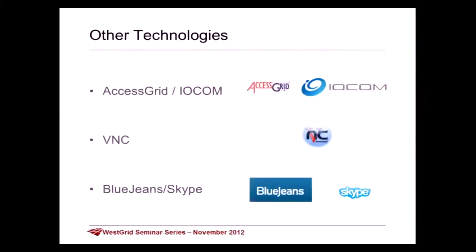So it's a very interesting service. Many universities already do support this, and specifically within BC, I believe every institution has this available for free to researchers. So if you are looking for connecting up with somebody specifically that needs Skype, BlueJeans is usually a very good choice, and contacting your local WestGrid representative may be the best way to get access to that for free in a lot of cases.